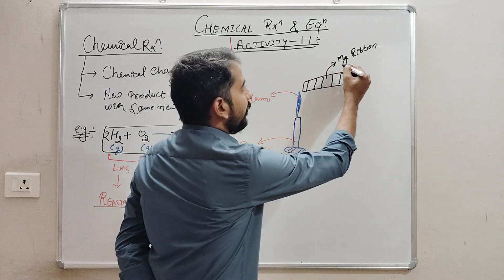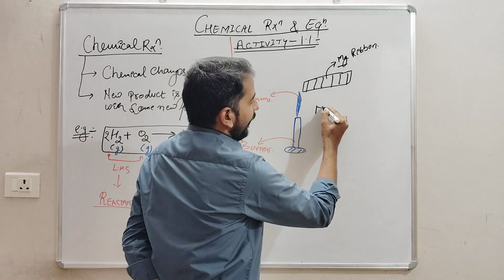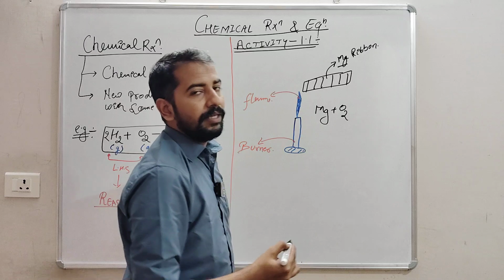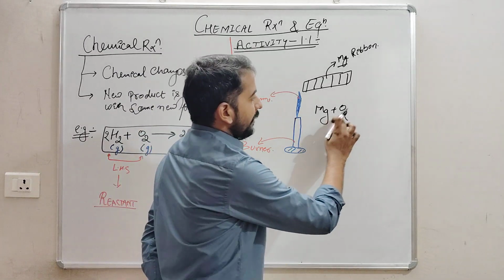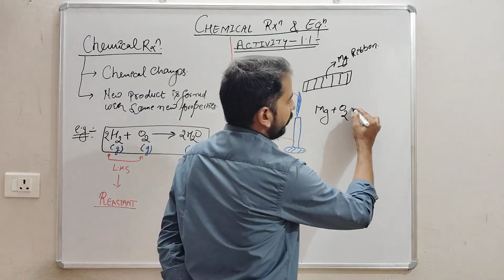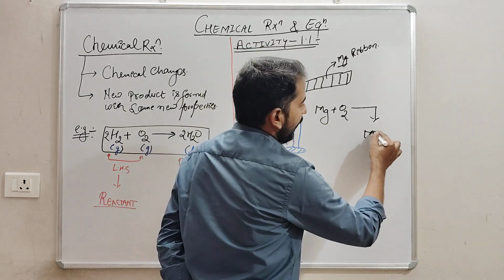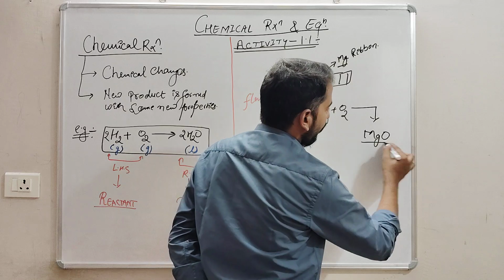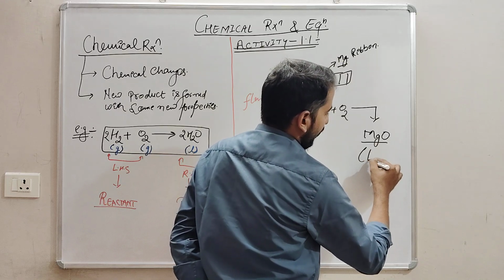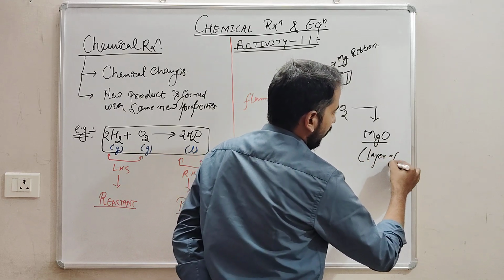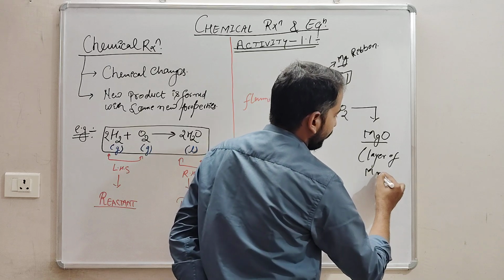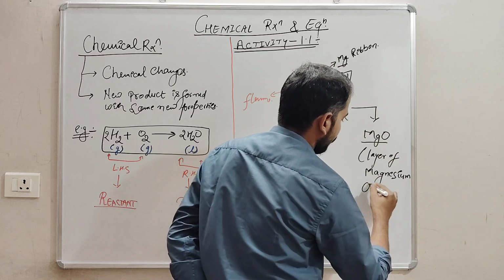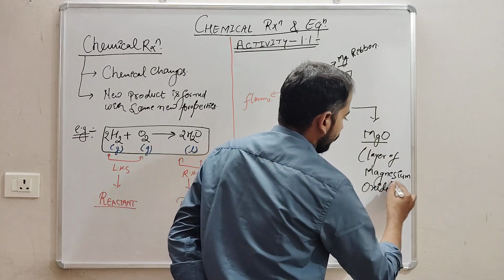So if suppose this is a magnesium ribbon, तो जो magnesium ribbon है वो एटमॉस्फेयर में जो भी ऑक्सीजन प्रेजेंट है, what it will happen, magnesium ribbon and the oxygen present in our atmosphere will form magnesium oxide. They will form the layer of magnesium oxide.